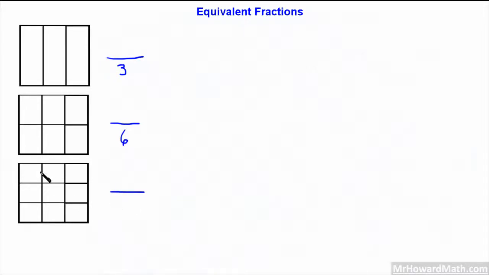Denominator here, 1, 2, 3, 4, 5, 6, 7, 8, 9. 9 pieces. So graphically, just look at this and tell me what you're kind of noticing. I hope that you're noticing that the way this is split, there's kind of something in common here.